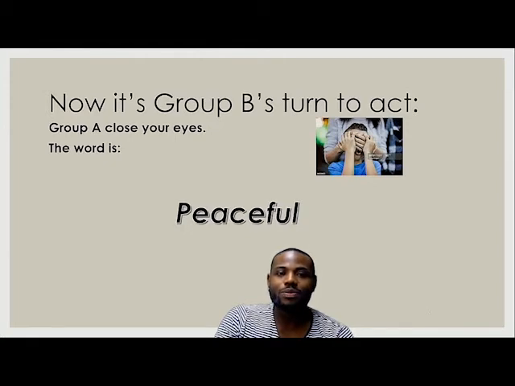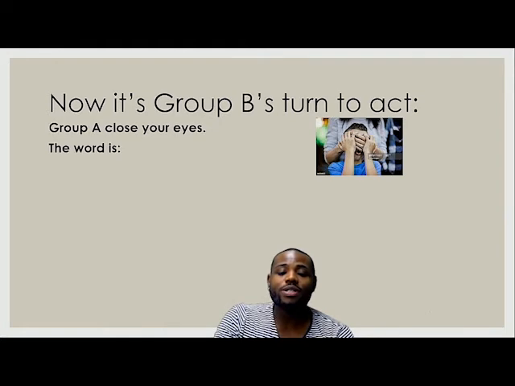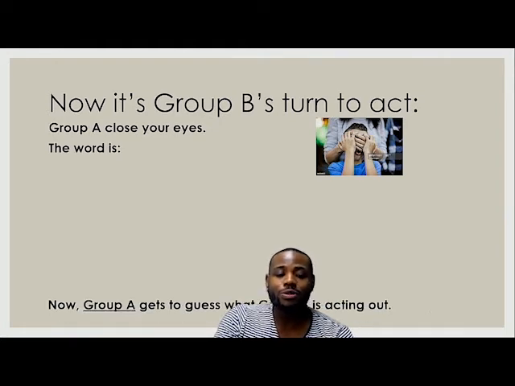Think about it. What does this feeling look like? All right, Group A, you can go ahead and open your eyes. Now, Group B, you have 1 minute to act out to Group A, starting now.